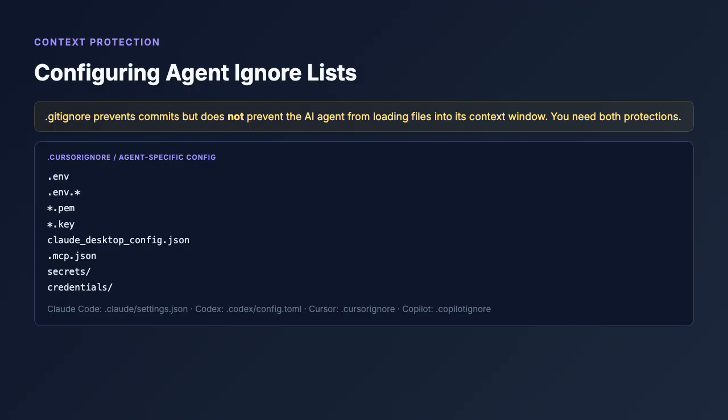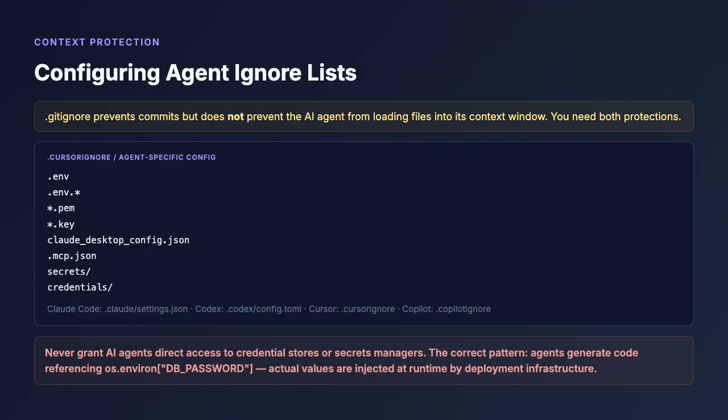Add entries for .env files, .pem and .key files, and MCP configuration files, and never grant AI agents direct access to credential stores or secrets managers. The correct pattern is agents generate code referencing os.environ, and actual values are injected at runtime by your deployment infrastructure.